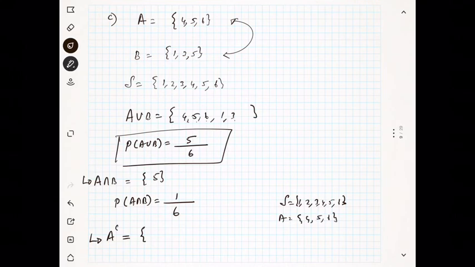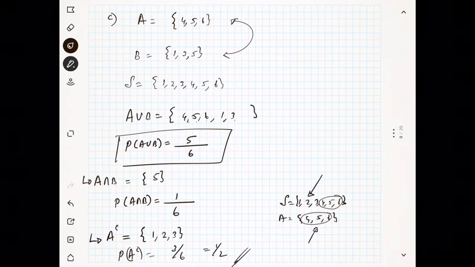Something which is not here in A is nothing but your 1, 2, 3. So there are 3 elements. So probability of A complement will be 3 by 6. It is 1 over 2. Okay, that's it. So this is the problem.